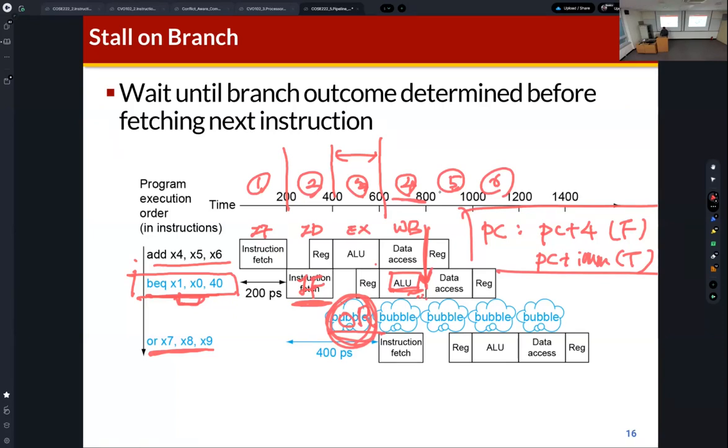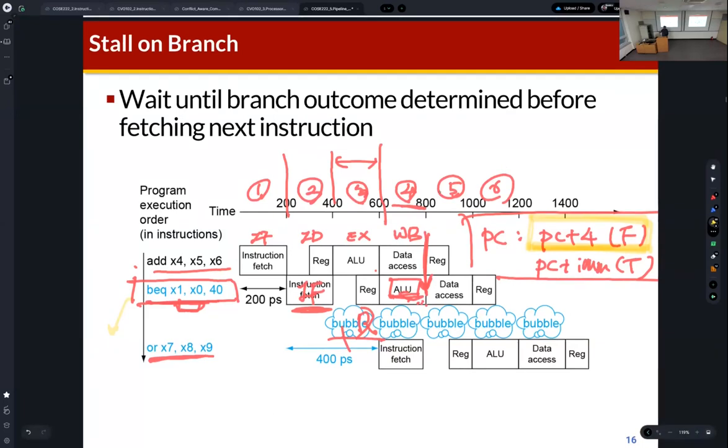So what actually happens when the instructions are executed, even though we don't know the result of a branch instruction? This is the normal case. Normal case means that if the current instruction is not a branch instruction, then usually the next PC is PC plus 4.